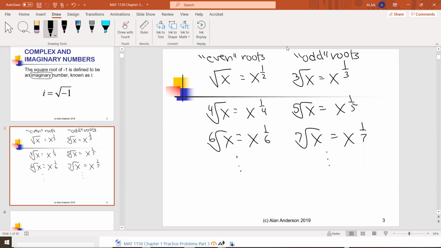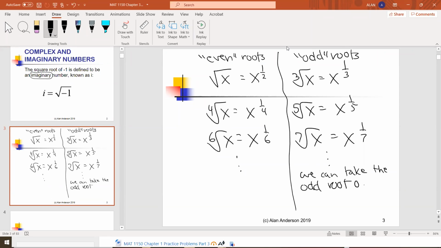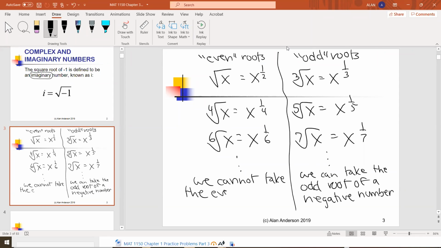So why am I breaking them up into two categories here? Because what I want to remind everyone is that we can take the odd root of a negative number. But we cannot take the even root of a negative number.